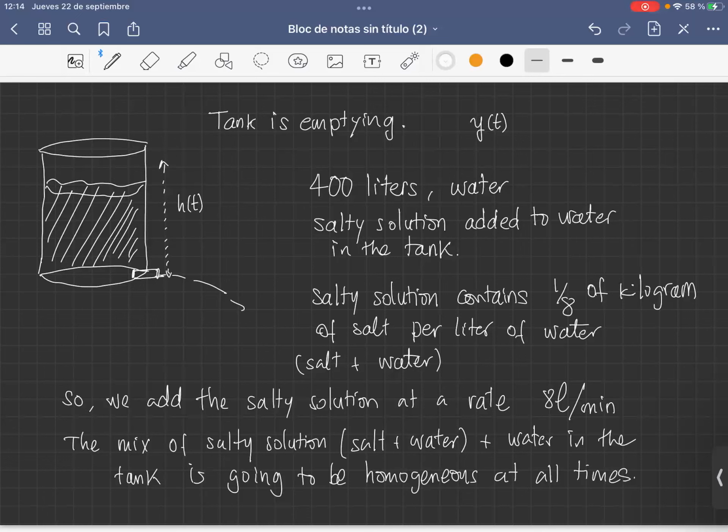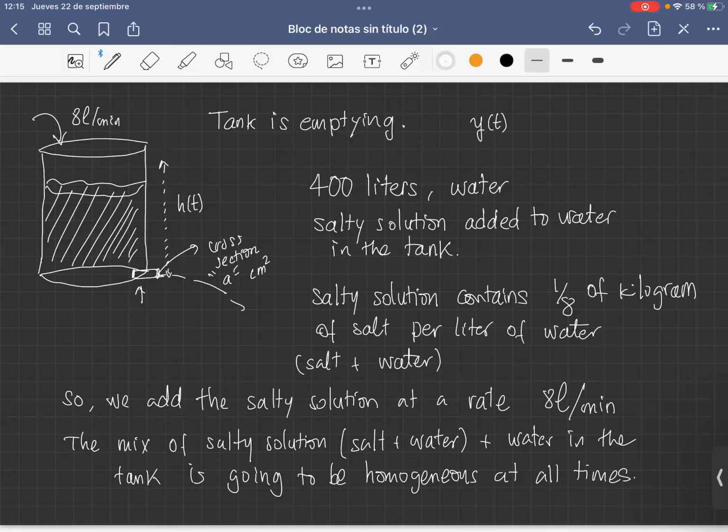So now, we're filling up, we're adding 8 liters per minute of the salty solution, but we said that we have a little opening here. This little opening has a cross section of area A. Let's say square centimeters, for example.